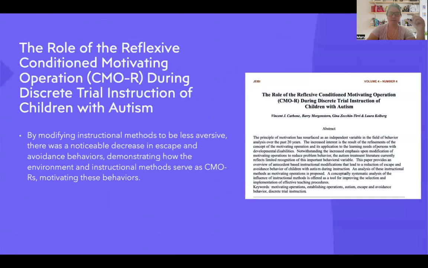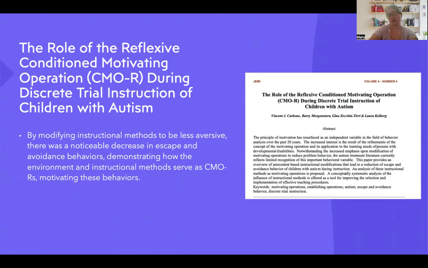The second article was called The Role of the Reflexive Conditioned Motivating Operation, CMO-R, during the discrete trial instruction of children with autism. What this article found is that modifying our instructional methods to be less aversive led to a notable decrease in escape and avoidance behaviors, demonstrating how the environment and instructional methods that we use serve as CMO-Rs motivating these behaviors.